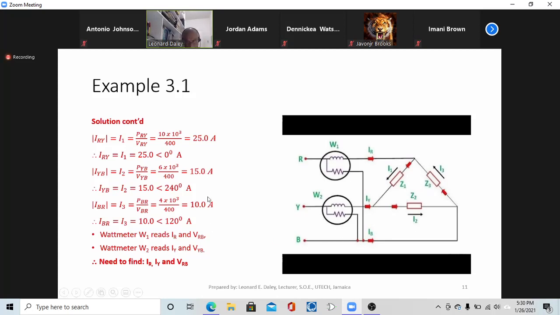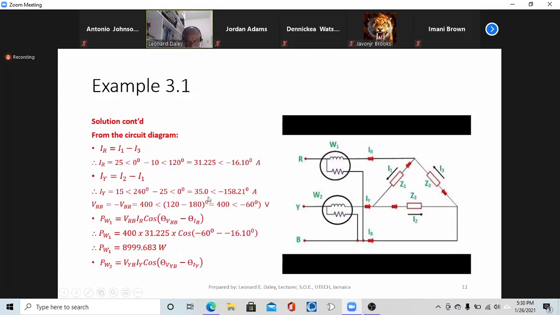As usual, we check what's happening at each node. So IR would be equal to I1 minus I3, and we had calculated what I1 and I3 were before.